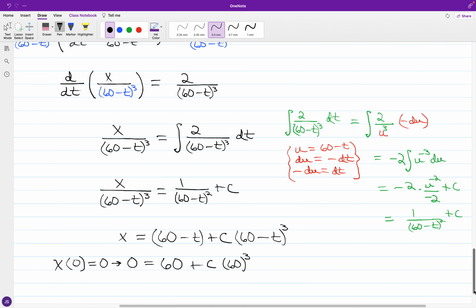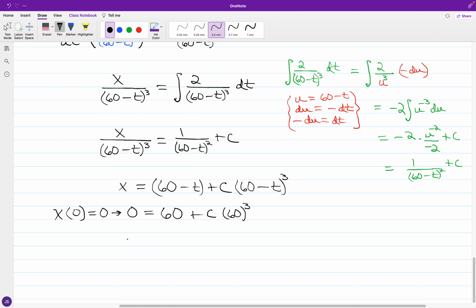Taking away 60, for c you're going to have negative 60 over 60 cubed. This will be negative 1 over the square of 60, so it'll be minus 1 over 3600.